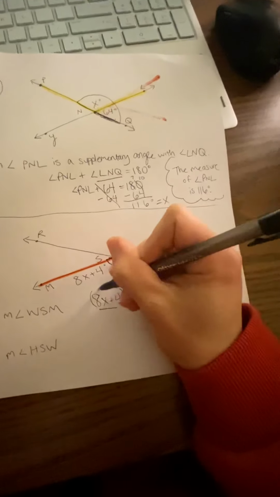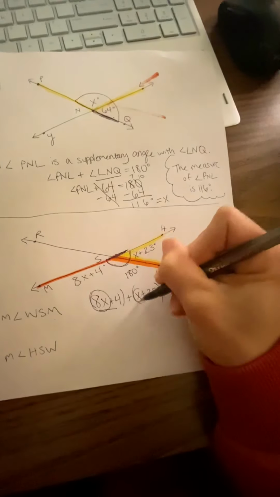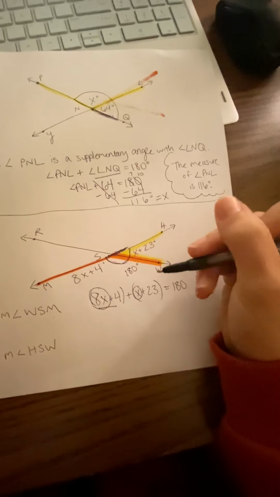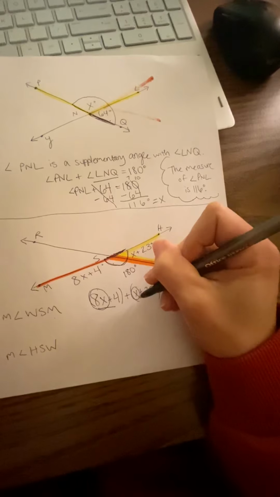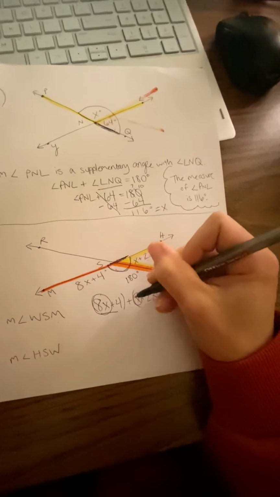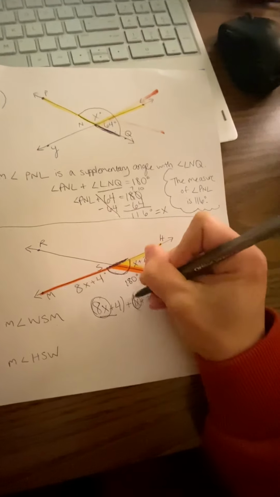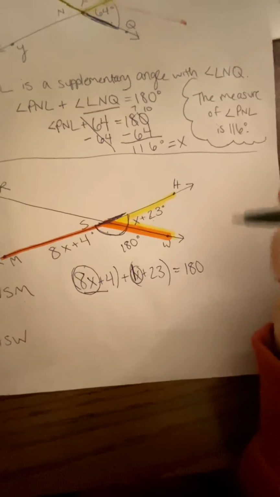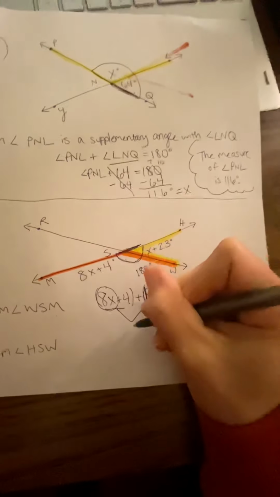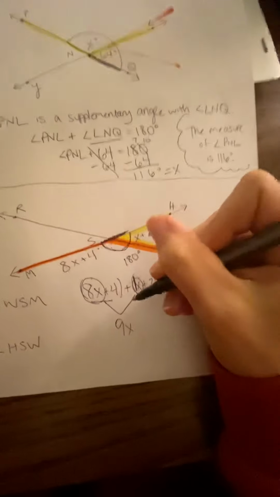I can combine some like terms here. I'm going to add 8x plus x. This has what's known as an invisible coefficient. If you see an x alone, remember that that's 1x. So 8x plus 1x would equal 9x.